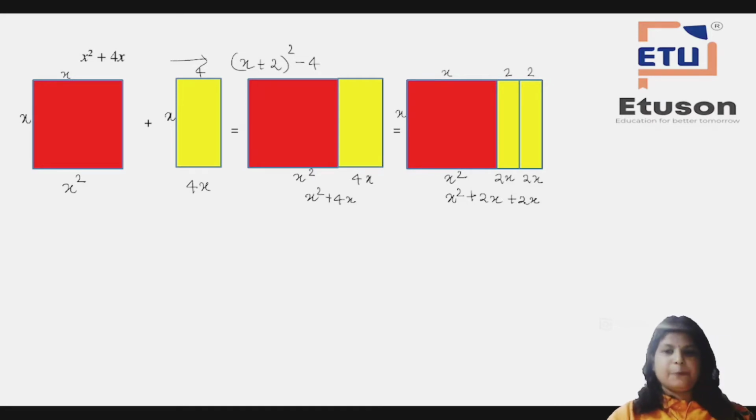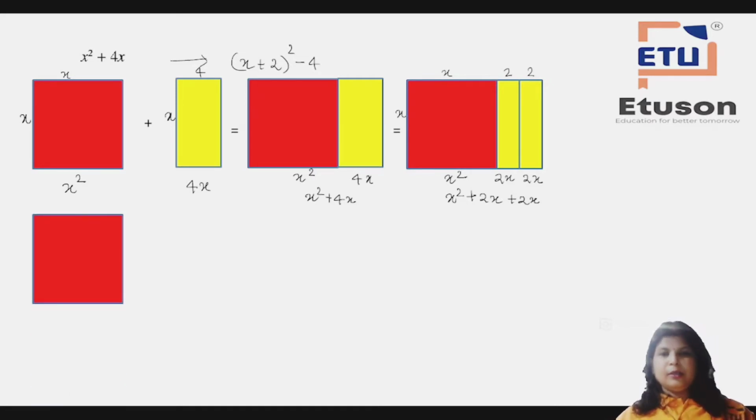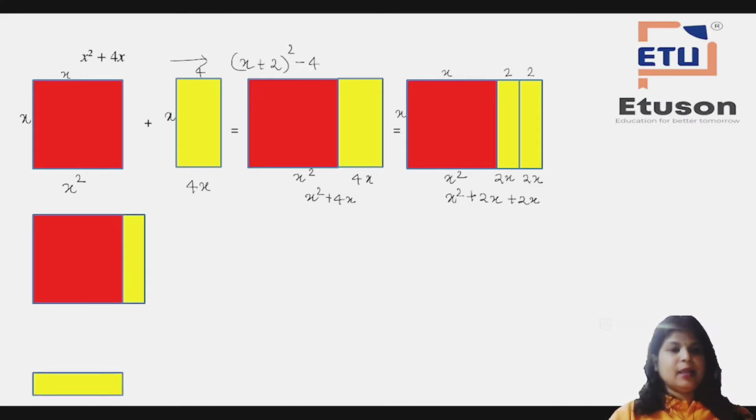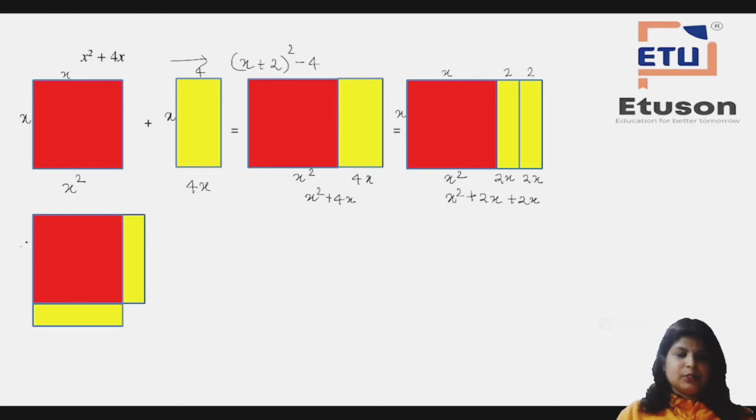Correct? So now can I rearrange this yellow color area like this, one rectangle towards the right and one rectangle towards the bottom? In that case, what will be the value? This we know is x, right?